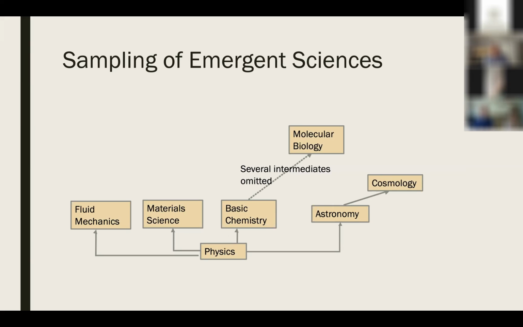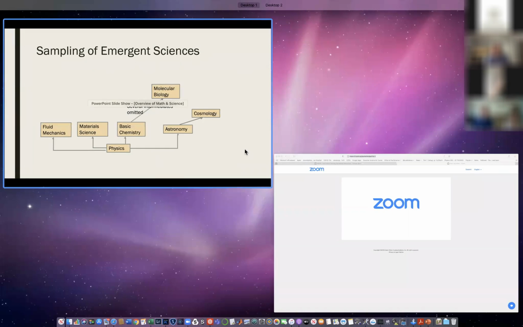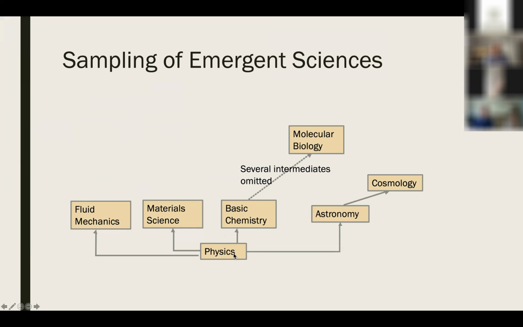And I'm not sure how many other intermediate subjects are needed. I'm not an expert. Eventually, you'll get to molecular biology, which is dealing with very complex systems. And as I indicated, you'd hate to be trying to do molecular biology by treating it as a branch of atomic physics.